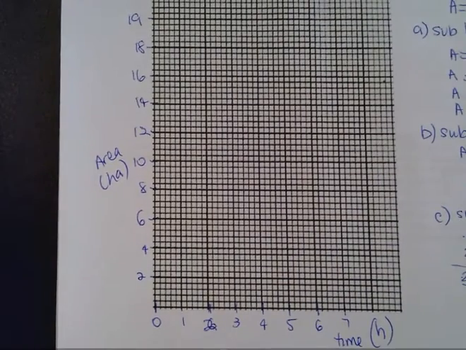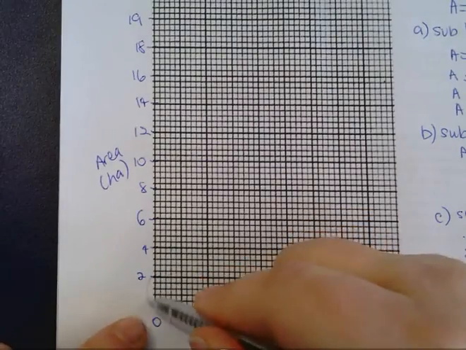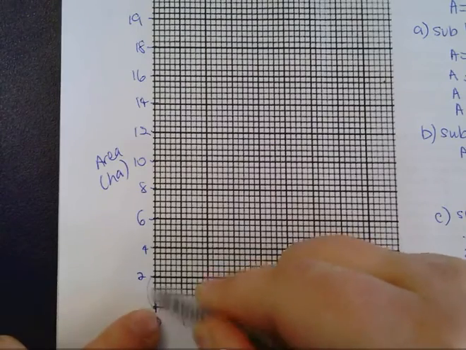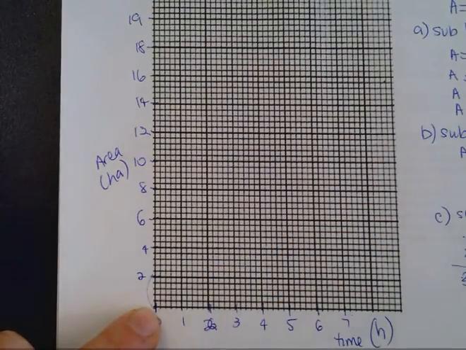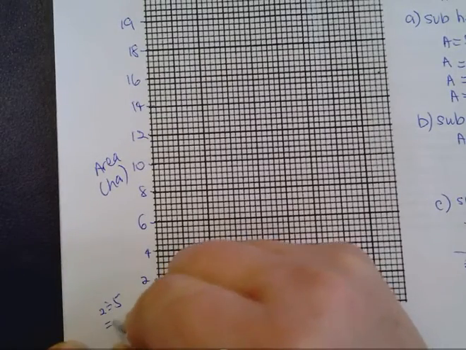Now be careful, if I'm going up by 2s, it means that 5 small squares equals 2. What's 1 small square? You go 2 divided by 5. I have a difference of 0 to 2 there, and that occupies 5 squares. So you go 2 divided by 5 is 0.4.